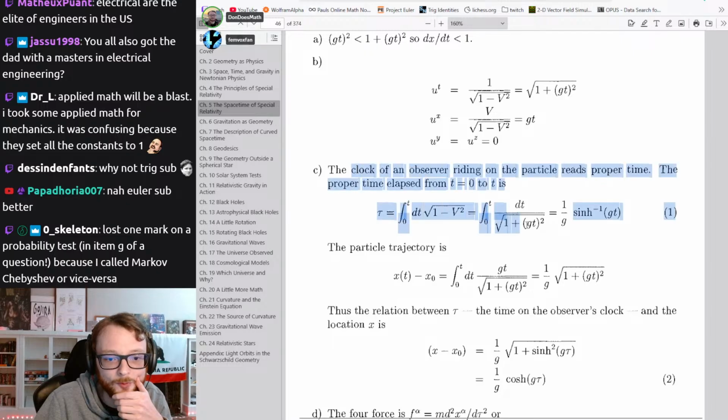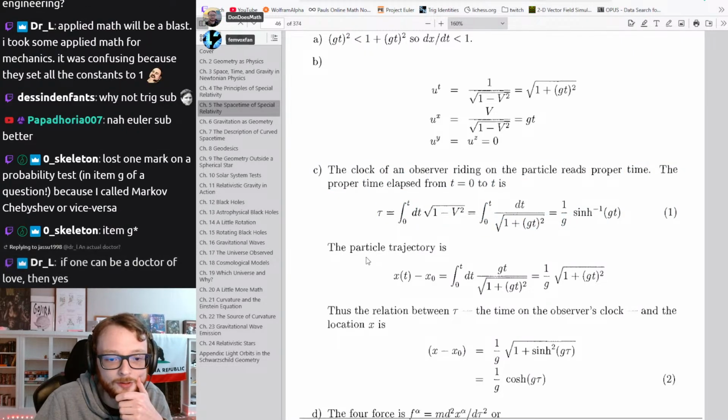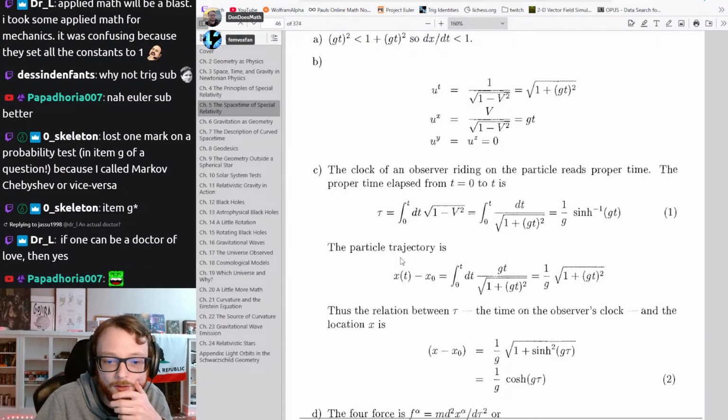I guess it's just the time component of position. Particle trajectory. So it's funny, we still got x right.